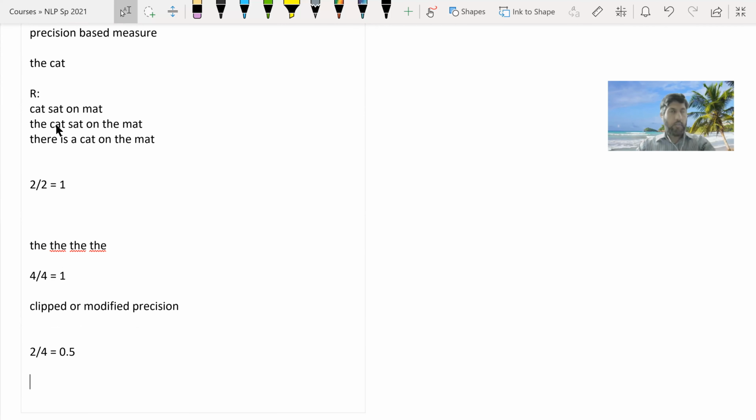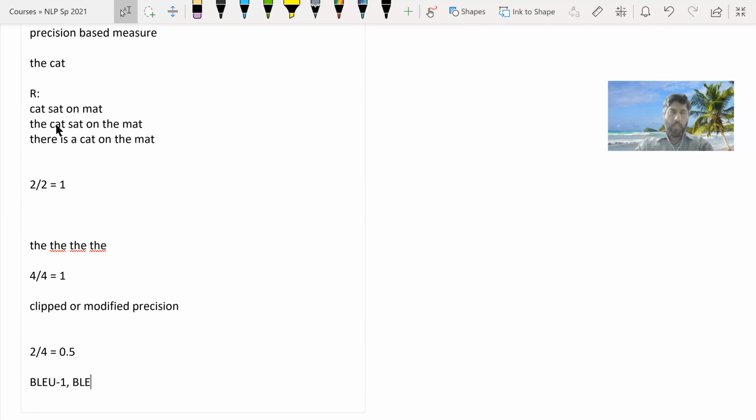Okay, so this is the idea of the clipped or modified precision. But so far we have only used unigrams. BLEU can also use higher order n-grams. Generally the unigram version is called BLEU-1.